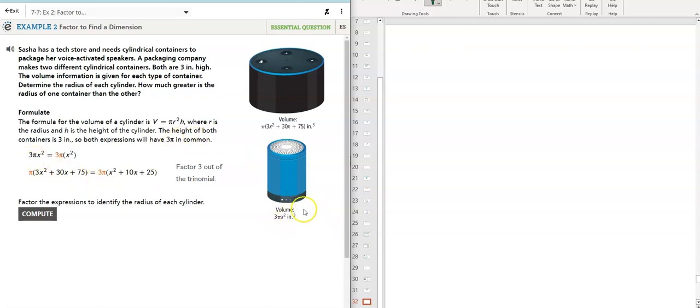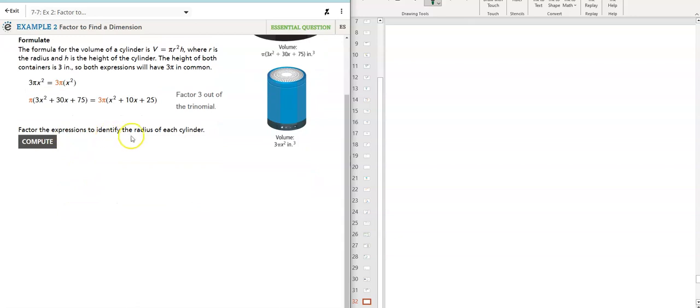So here is the volume down here for this container, and what they did was they factored out the 3 pi because that's their common factor. And then over here, we have pi already factored out of this volume, so they went ahead and factored the 3 out of the trinomial part as well, so that they got 3 pi, and they're left here with a trinomial, and they're left with x squared.